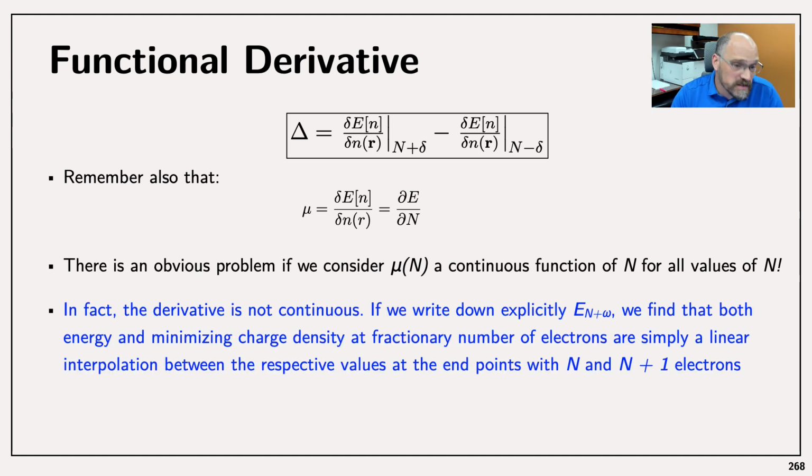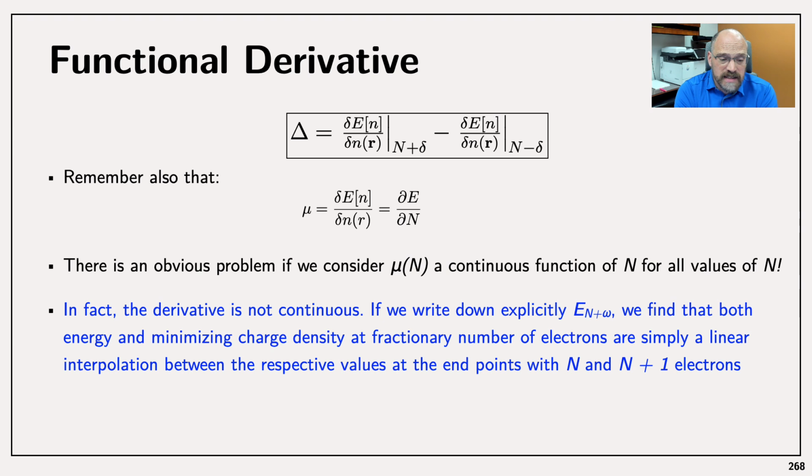So that derivative, it turns out, the functional derivative of the energy with respect to n, is not continuous. It is not continuous, at least the exact derivative is not continuous. And as a result, you do have the two values being different, and this is exactly what's happening.